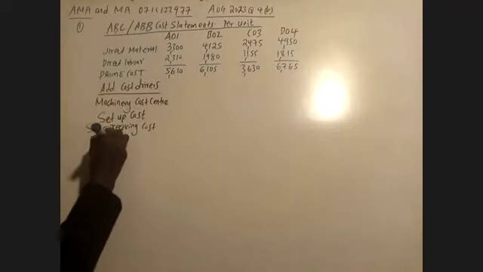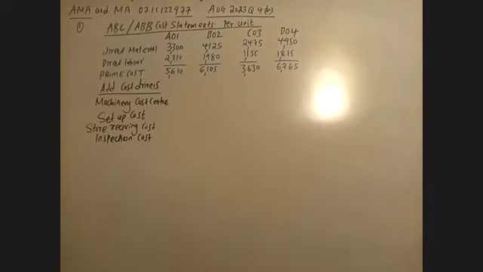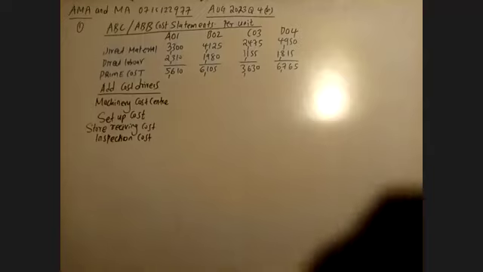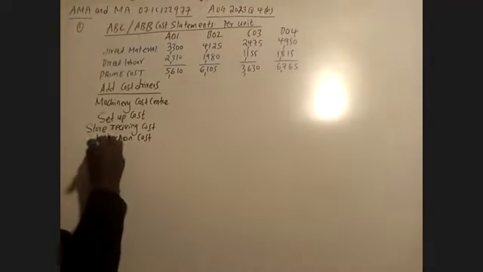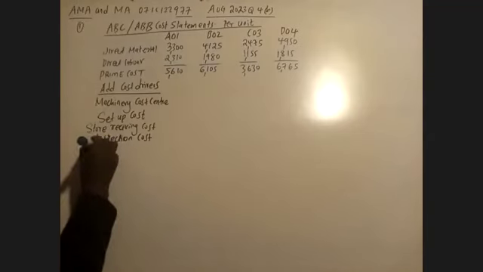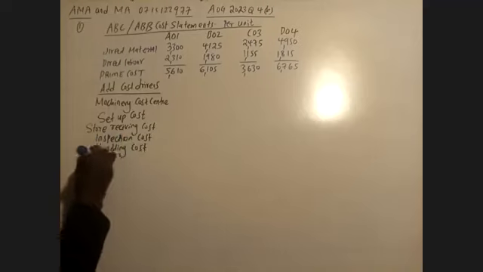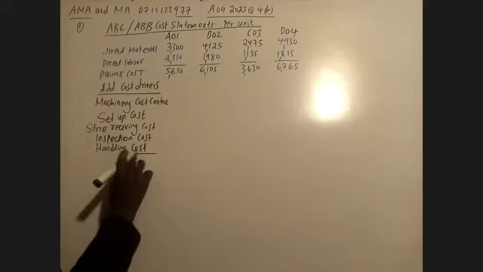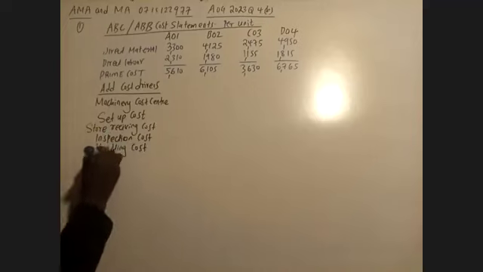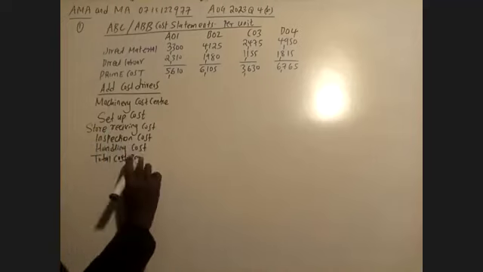Maana you have inspection cost. You have inspection cost, material handling cost. Tukishafanya hizo, then we can get the cost. Let us call it handling cost, so that when we finish, we can get the total cost per unit. So remember, you're computing it per unit.